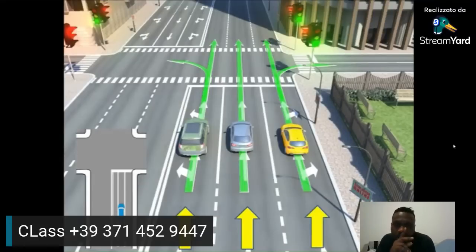Now in the quiz, I want you to be careful here. This sign in the quiz may appear without the arrows within the lanes.